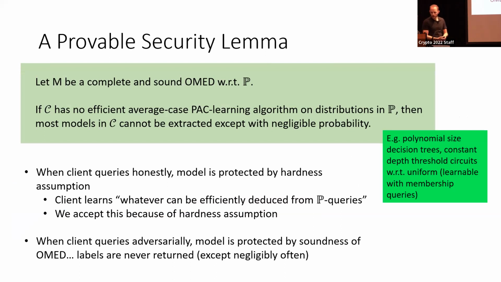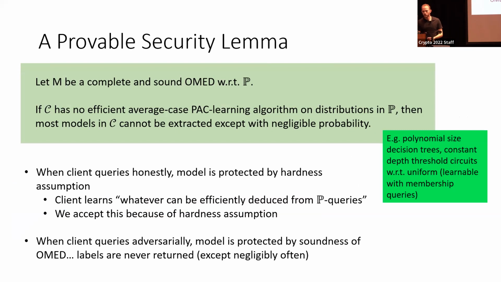What we can obtain in our work is a type of provable security lemma where, if we have a complete and sound OMED and we're willing to make some hardness assumption about PAC learning, then you can show that when the underlying model comes from this class, it's basically cryptographically hard to extract it.